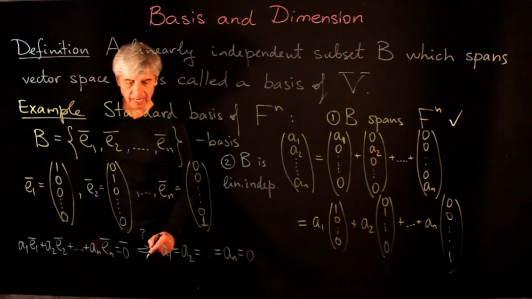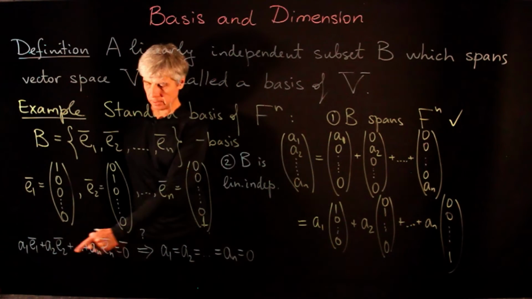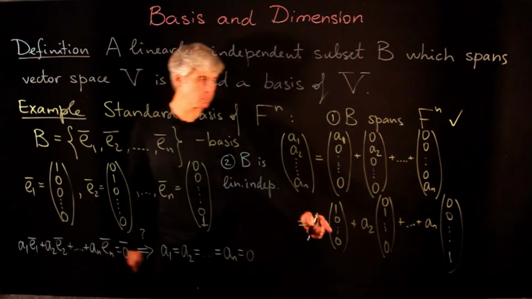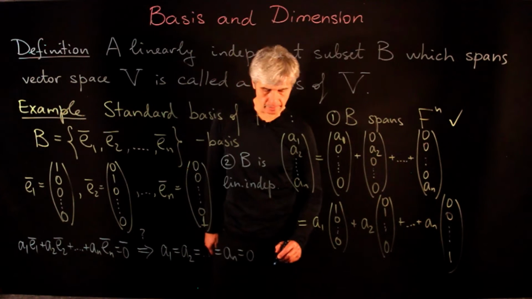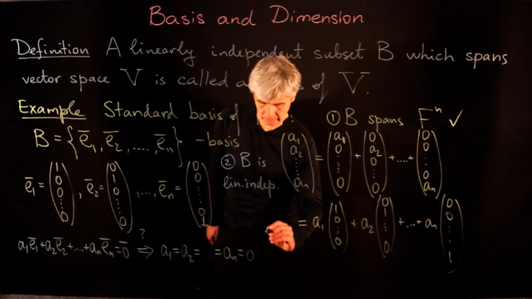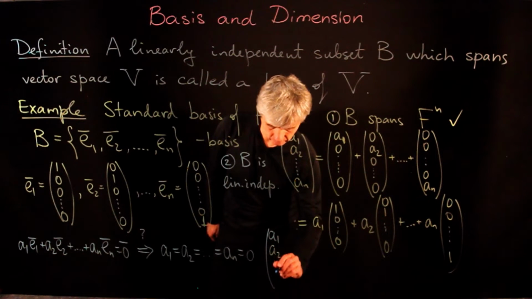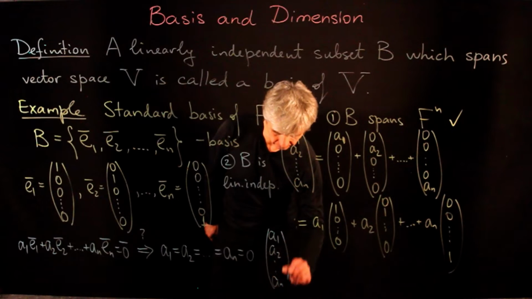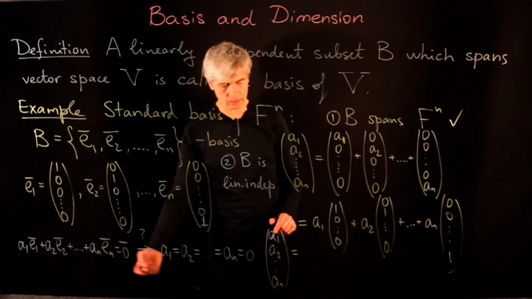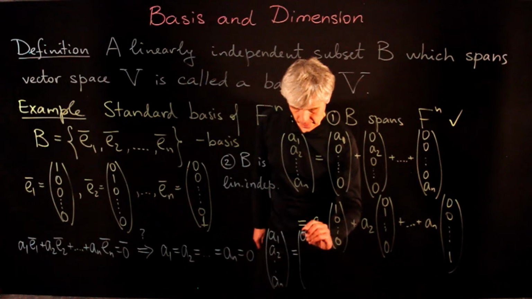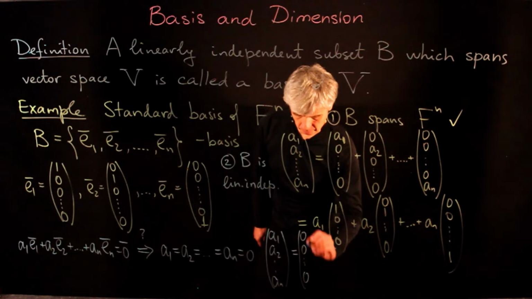On the left-hand side, this calculation tells us that the left-hand side is equal to the vector a1, a2, an. And the right-hand side here is a 0 vector, so it's 0, 0, 0.